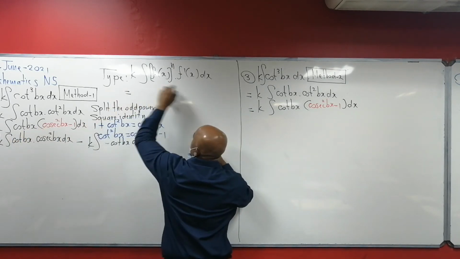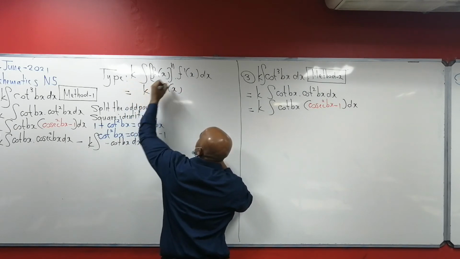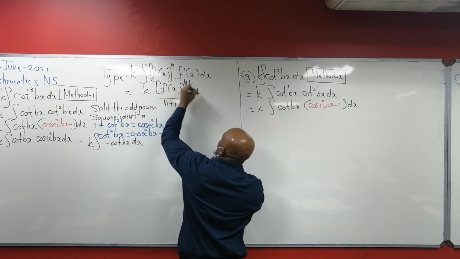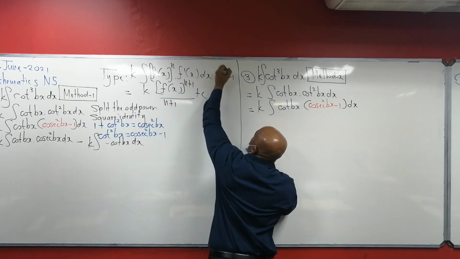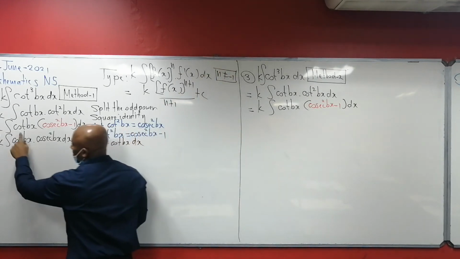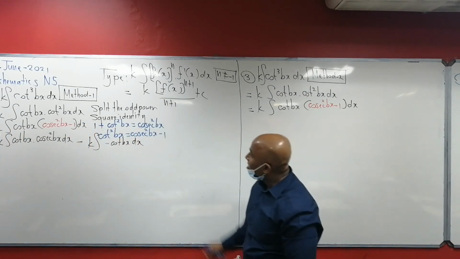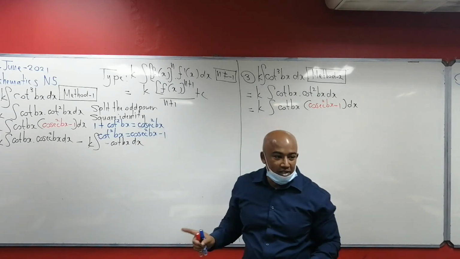And if this is the situation, then the answer will always be f of x to the power n plus 1 over n plus 1 plus c. And remember that there's a condition, your power must not be minus 1. Is your power minus 1? No. Your power, you can't see it, it's a positive 1. So this is the option integration by inspection, where you just do it in one step.